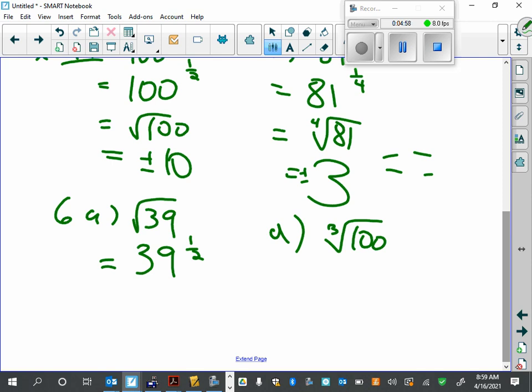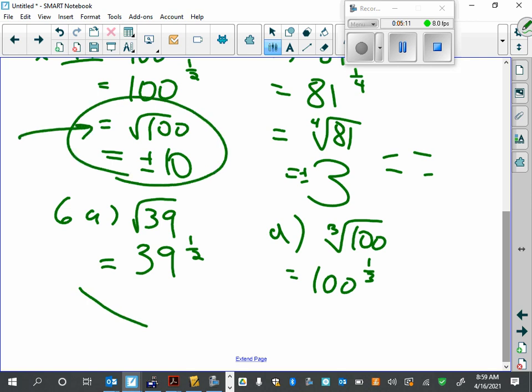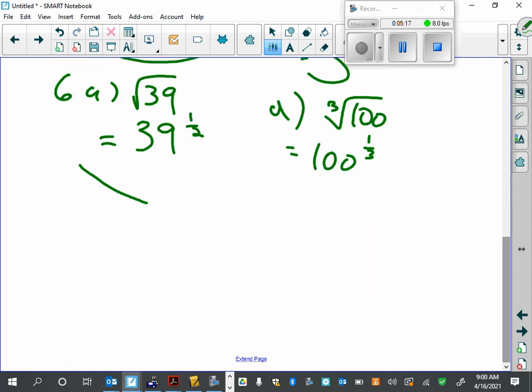But power means you have an exponent in your answer. So 100 to the 1/3 is all they're looking for there, and there's nothing you can do. But usually you rewrite it and then evaluate. So always expect not just to rewrite it, but to do something else. And that's that for the first homework.